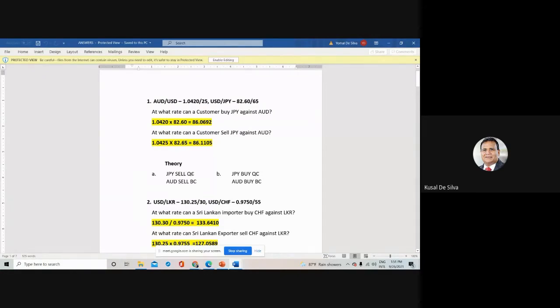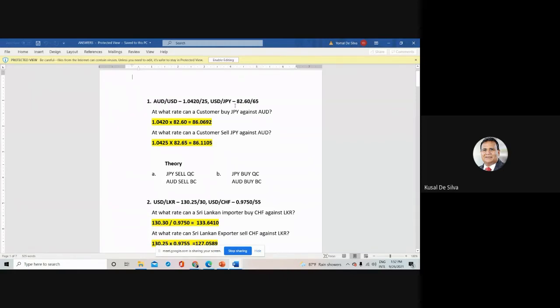JPY sell is the quoted currency. First theory: the customer will sell JPY. If the customer buys JPY, the bank will sell JPY, the quoted currency. Selling quoted currency, you have to use the bid rate.